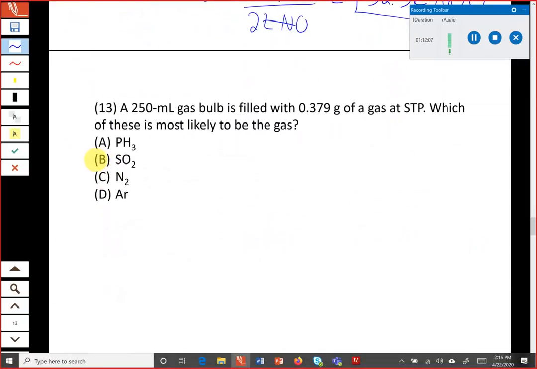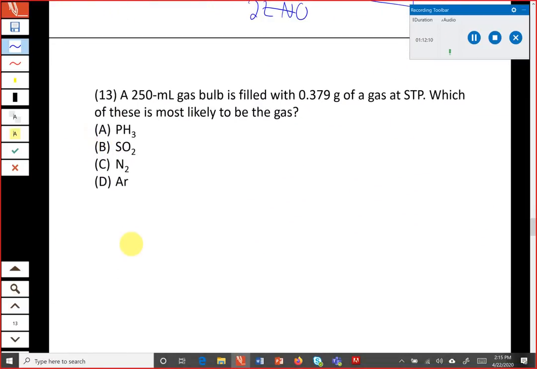All right, number 13. We have, in this problem, a 250 milliliter gas bulb filled with 0.379 grams of a gas at STP. Which of these is most likely the gas? Now this problem has a lot of different ways of doing it.